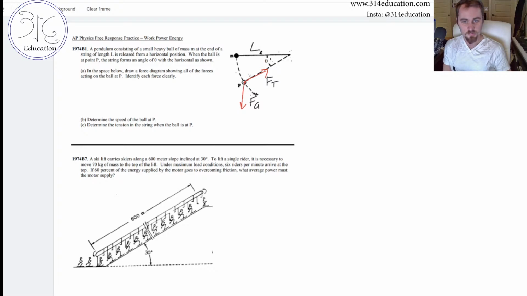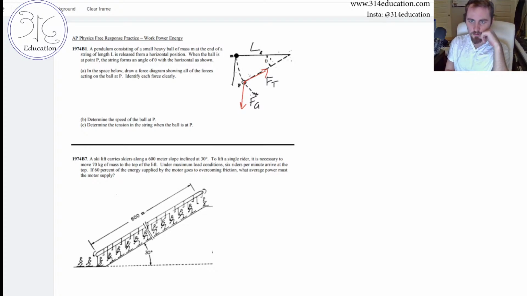So next we want to determine the speed of the ball at P. So that does use a centripetal thing, but I think we use the centripetal to solve for tension. So we have to use this based on the distance that we've traveled down here.